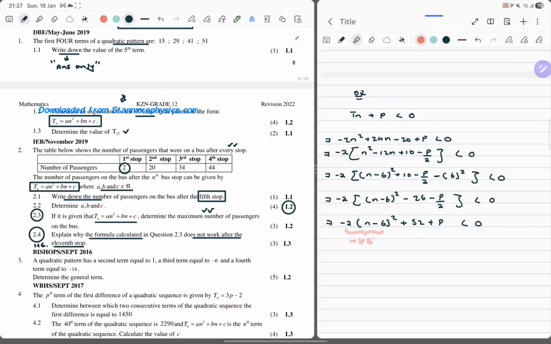Now, this means for this whole shenanigan to be less than 0, this guy must be less than 0, isn't it? So this implies that 52 plus p must be less than 0 for that thing to be less than 0. So if we transpose, we will see that p must be less than 52.